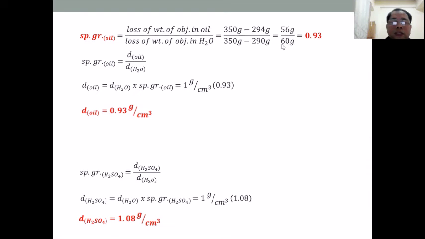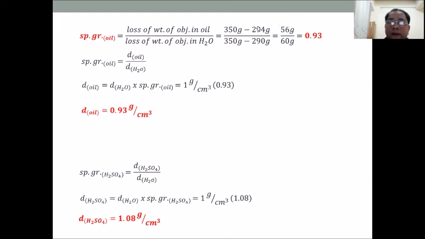So you'll notice that in our previous equation, we used this 60 as the loss of weight of the object in water. So in finding the density or specific gravity, this denominator is actually used consistently. All that is changing is our numerator.